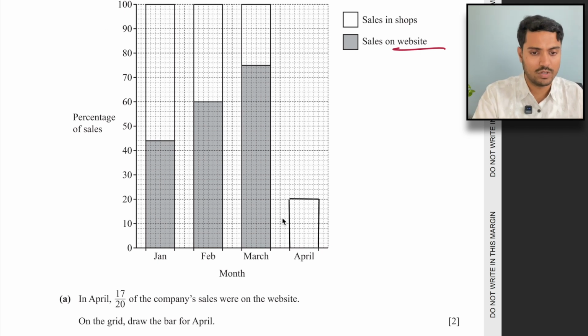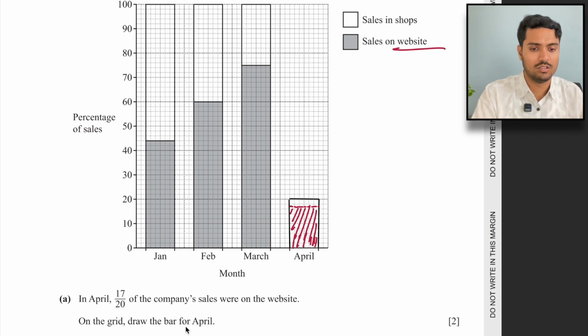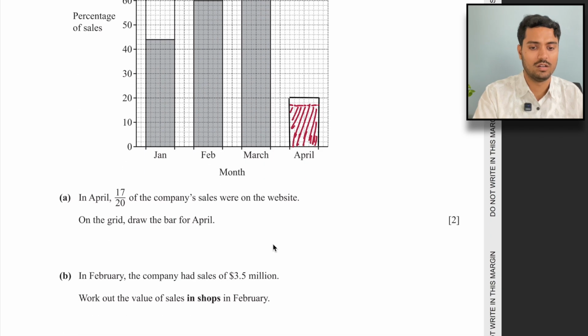And it says 17 out of 20, that means this is 10, this is 20, 17 is going to be somewhere here. So we can shade this part. This is for website. It says on the grid, draw the bar for April. So this is the bar for April.